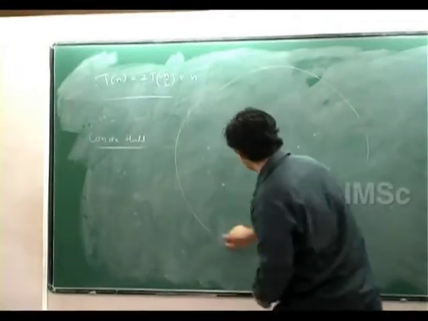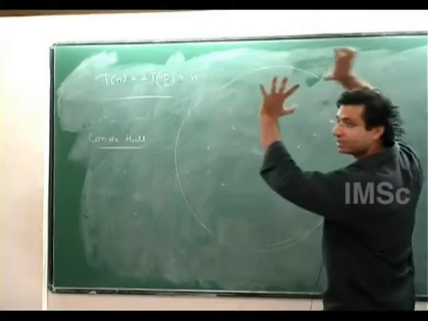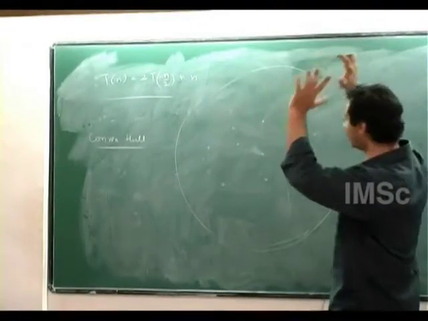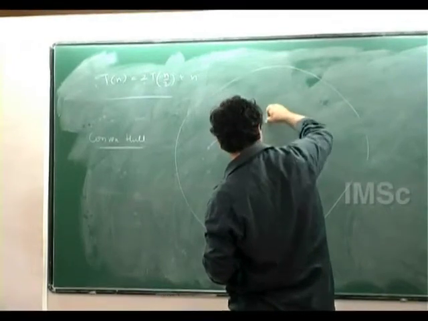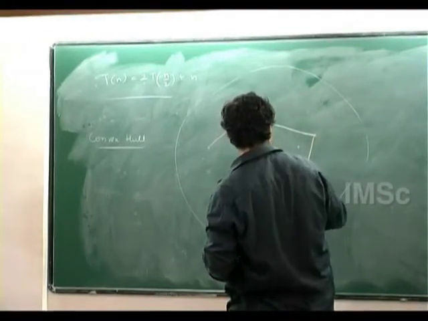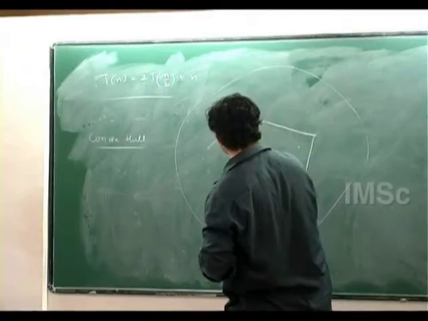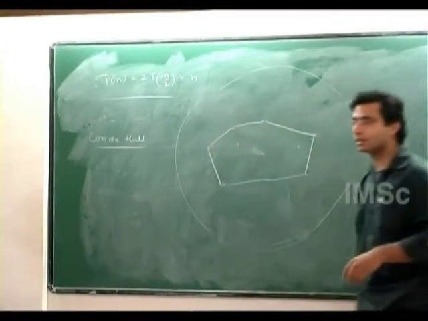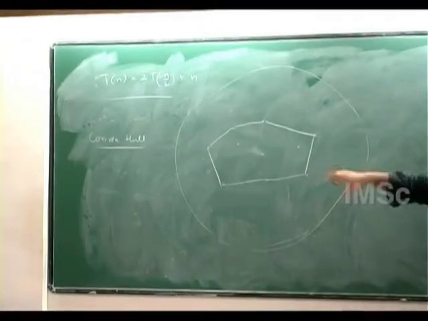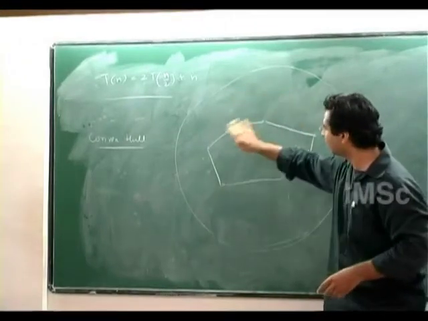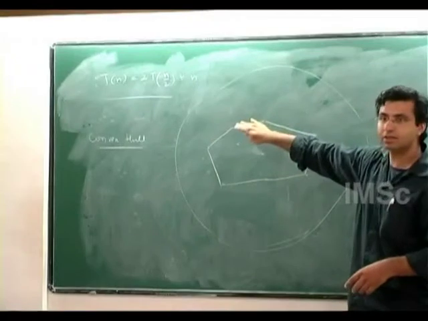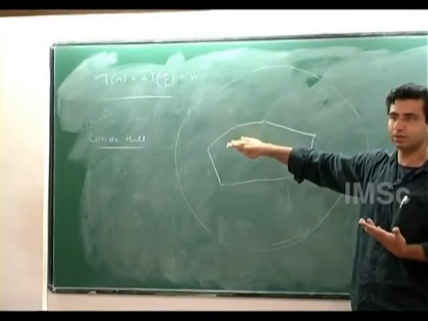When I leave that rubber band, it will hit these points which are at the extreme, and it will peg on all these points, and the structure I get is called the convex hull of the set of points. Okay.